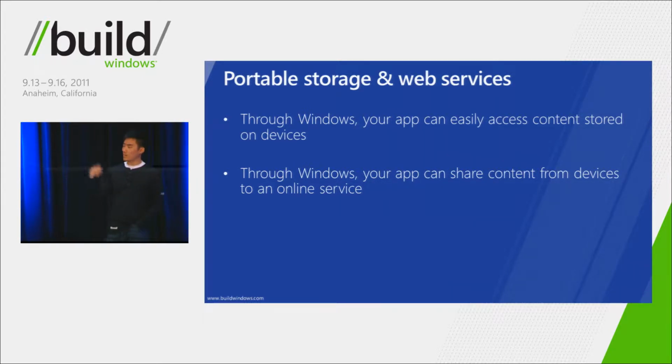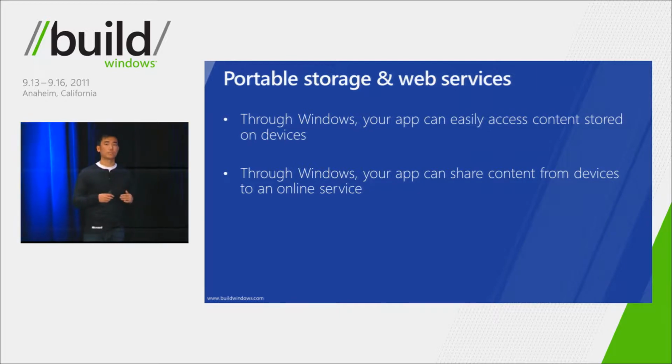Another point I was talking about earlier was how we were directly calling the SkyDrive public APIs. At this point, I'd like to recommend that if you are writing this application on your own, you should use a share contract and participate as a share source. What that means is you don't actually have to know the SkyDrive APIs to upload to it.